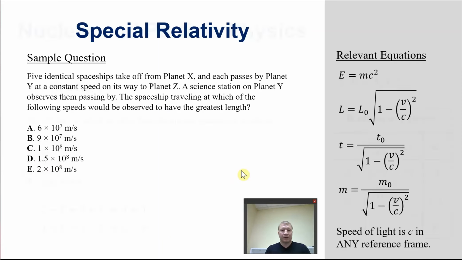Okay, let's look at the special relativity questions. So first of all, of course, you should know Einstein's equation for mass-energy equivalence. And here are three equations for length contraction, time dilation, and relativistic mass.